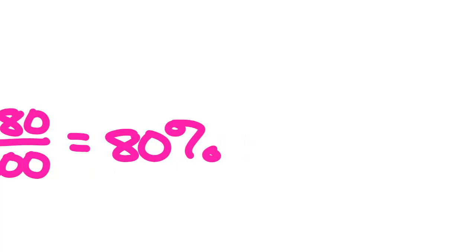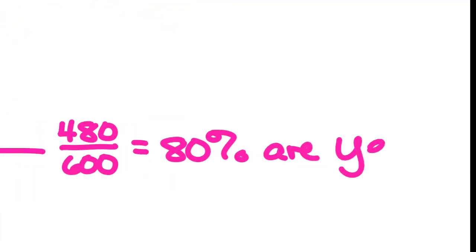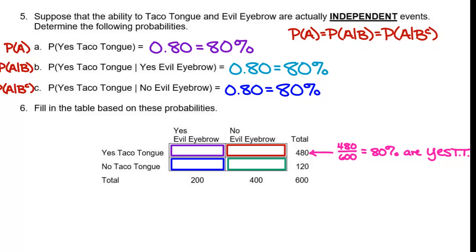So we have 80% are a yes to taco tongue. What would have to go here then, if this is really independent, so it's different than up above? How many would we have for yes evil eyebrow and yes taco tongue if these are independent events?